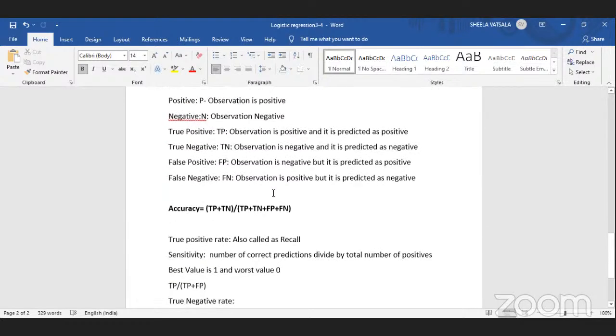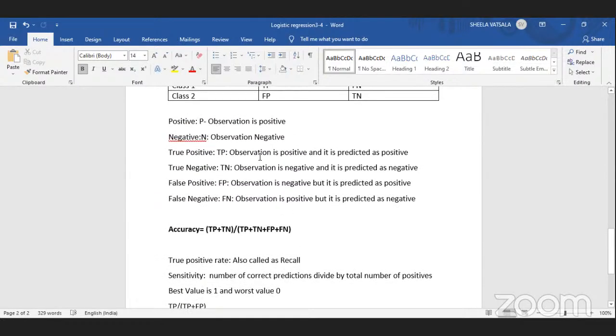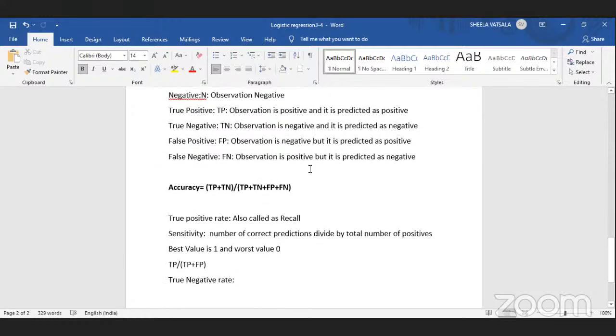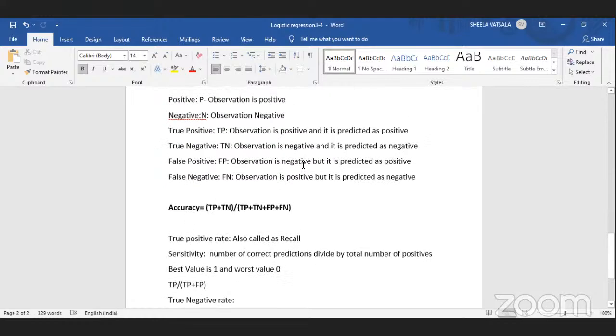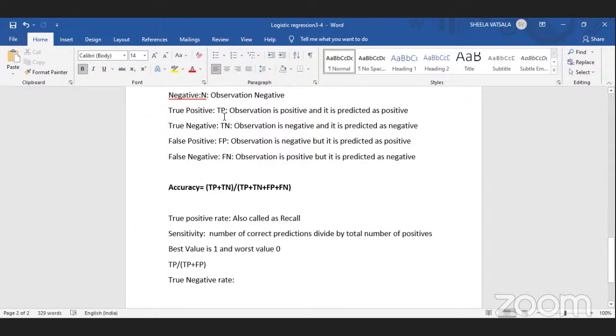Let's understand what exactly we mean by that. When you say P, the observation is positive, and N means the observation is negative, like 0 and 1, however you want to design it. A true positive is where the observation is positive and it is predicted as positive.